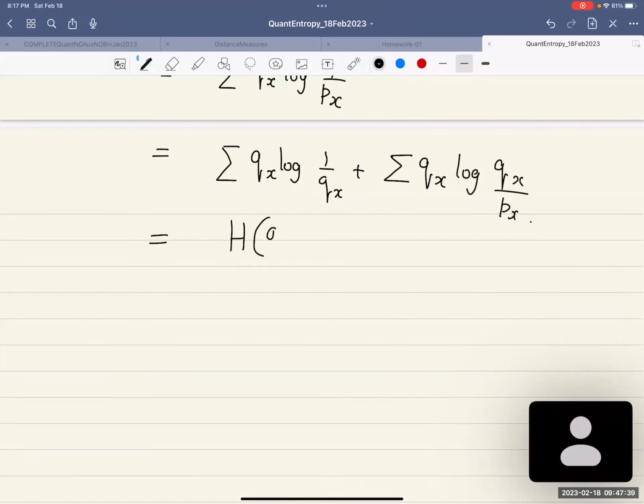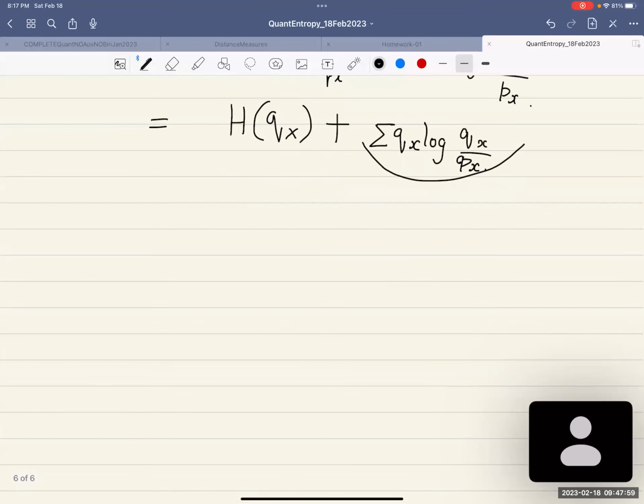If you knew it correctly, this is what you would be getting, but you made a mistake. So you're paying some penalty, and that penalty is this quantity, q of x log q of x by p of x. This is called the redundancy. It's also called the relative entropy, also the Kullback-Leibler divergence.